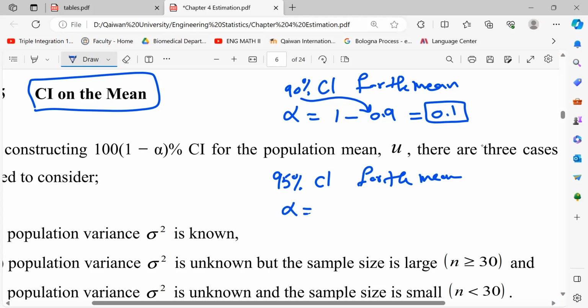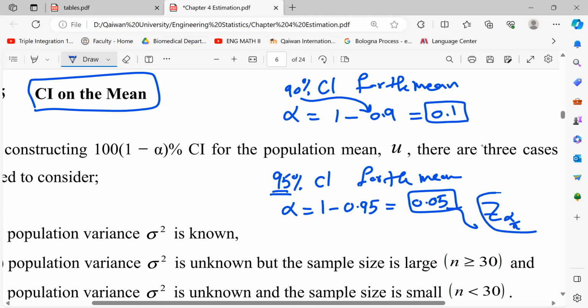Here, alpha is 1 minus 0.95, and the result is 0.05. It's important to find this, because in most of them we need alpha over 2. We need to find this, and the table for Z is given. You just pick it from the table.